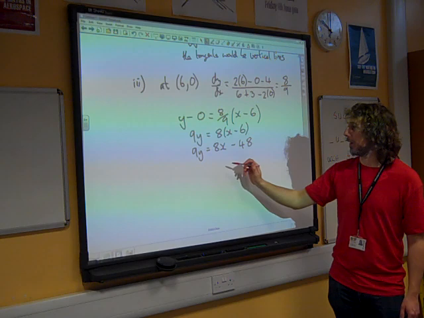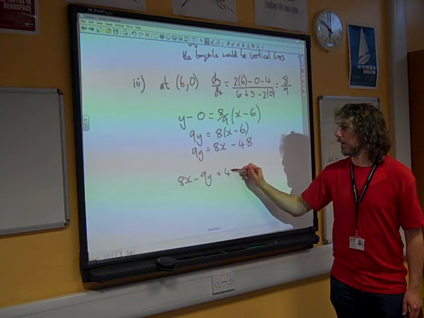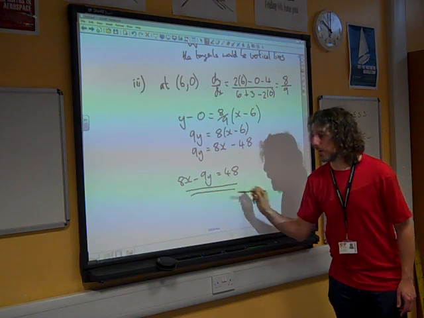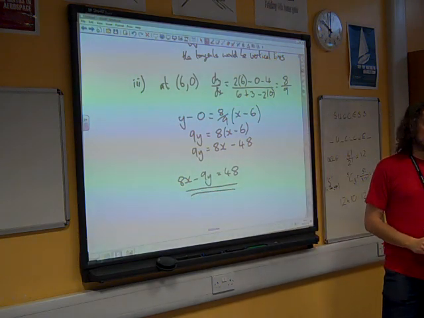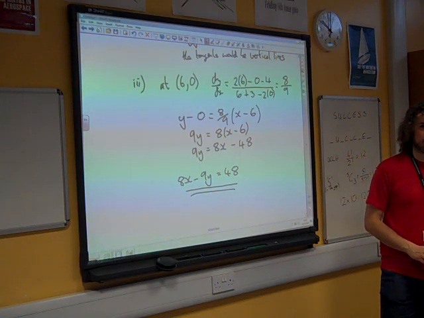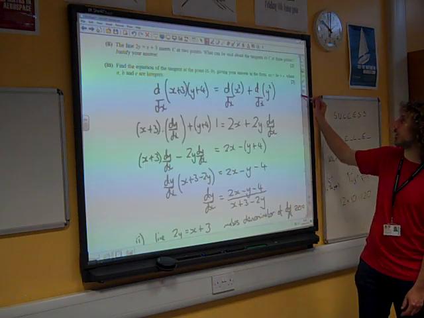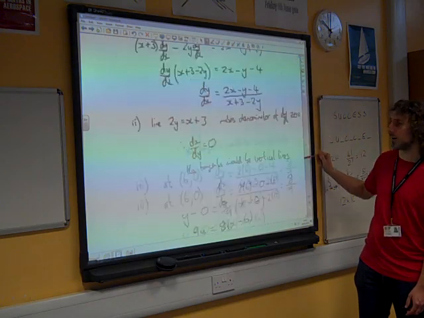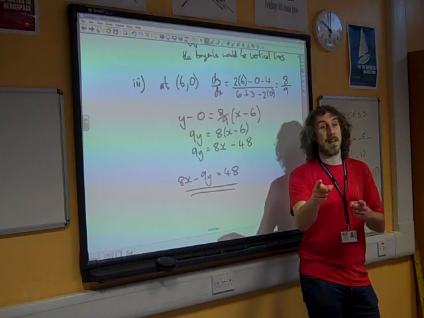So we could say 8x − 9y = 48, and that would be in the format they were after. −8x + 9y = −48 is just as worthy of the marks, not quite as elegant. There we go, we've just got 8 marks for doing that. It's all for the toggle, and that's maths.